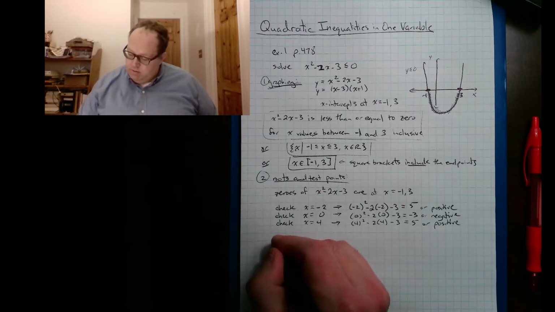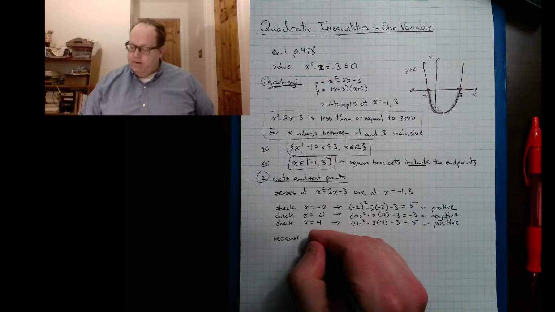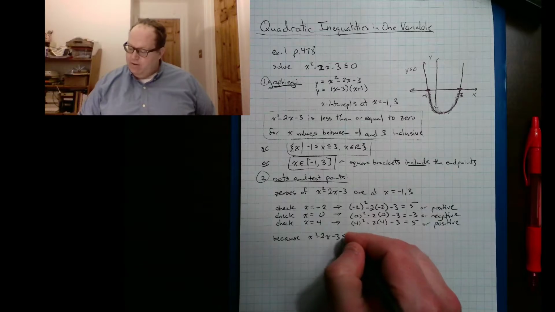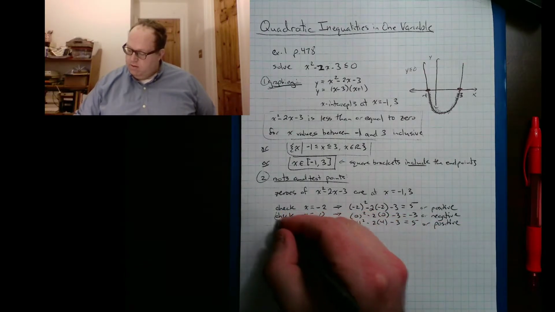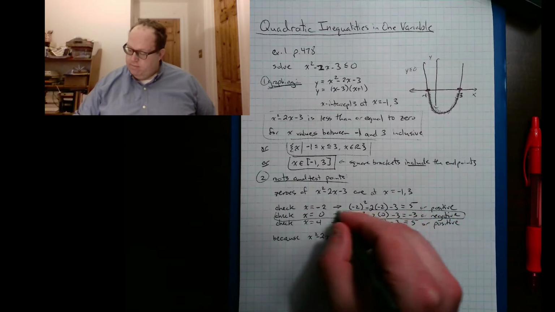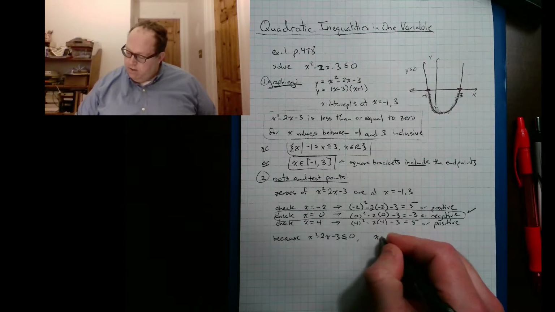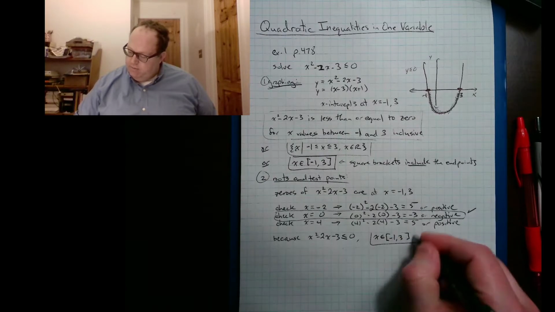Now, because we want x squared minus 2x minus 3 to be less than or equal to 0, then this is the outcome that we want. Or in other words, x has to be between negative 1 and 3 inclusive.